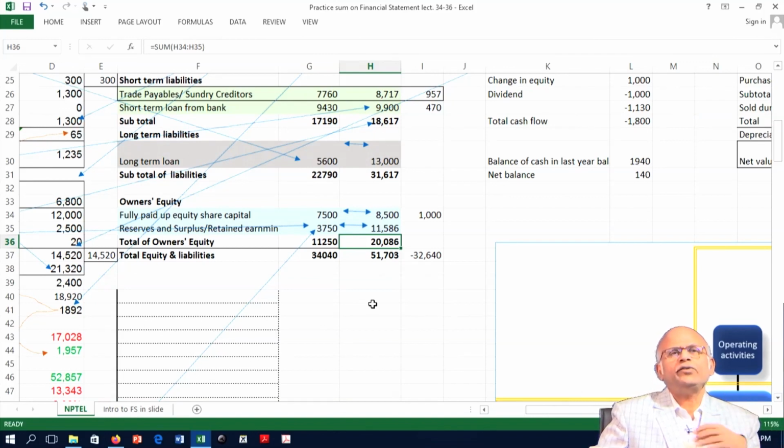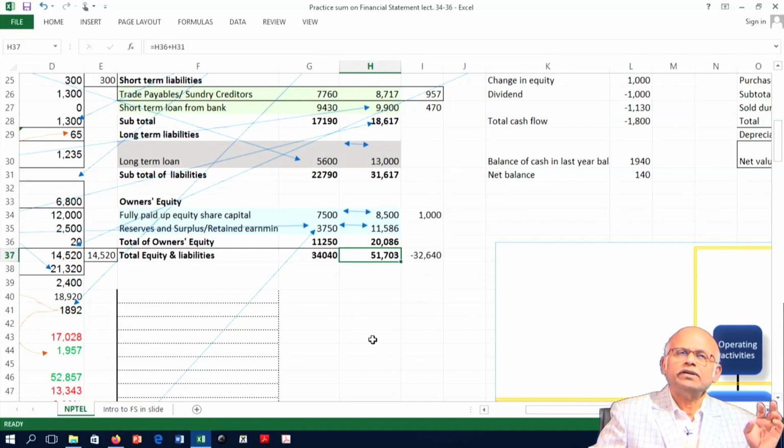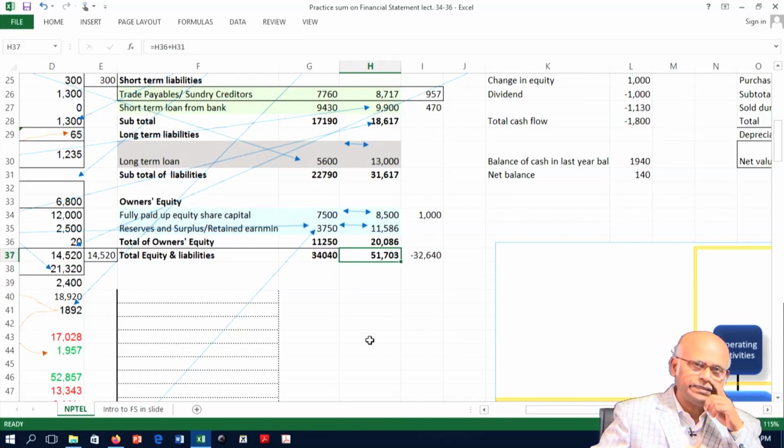This is to be added with all other liabilities like loans and all that, and then we should get the total of equity and liability. That total should be equal to total assets, both current assets and non-current assets.